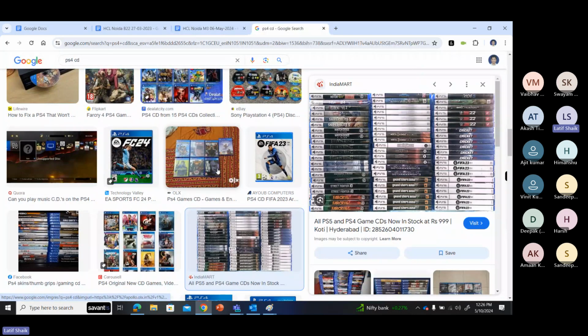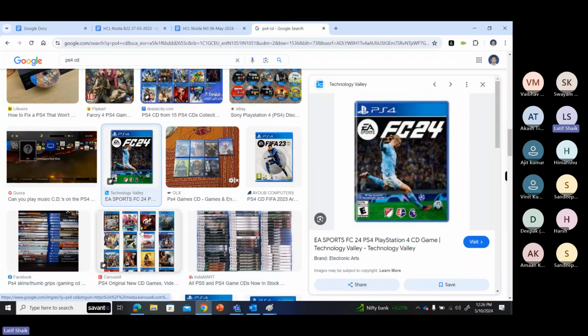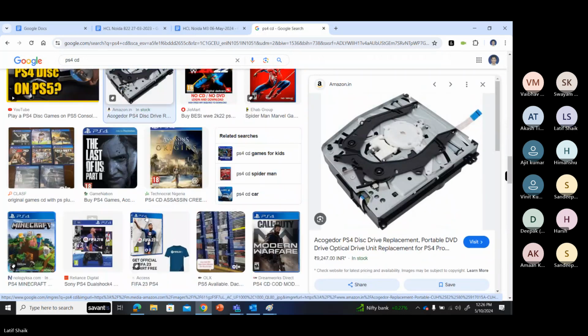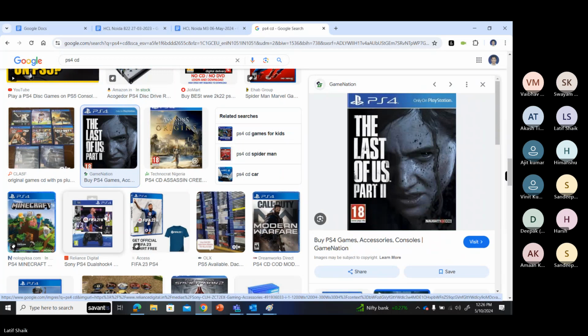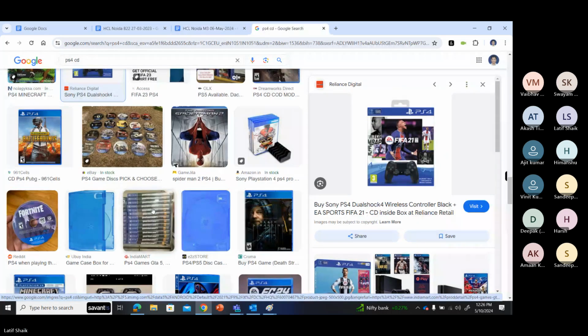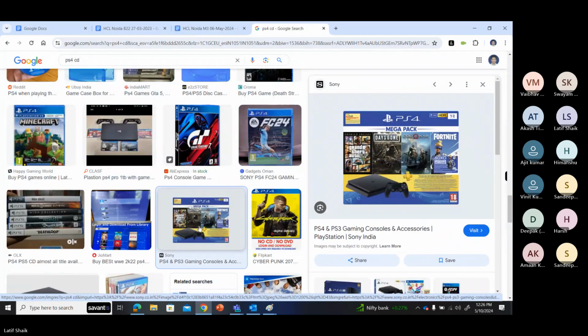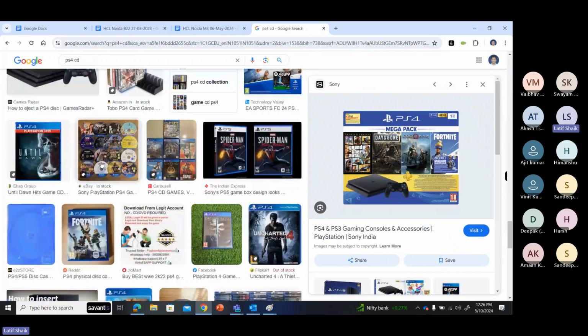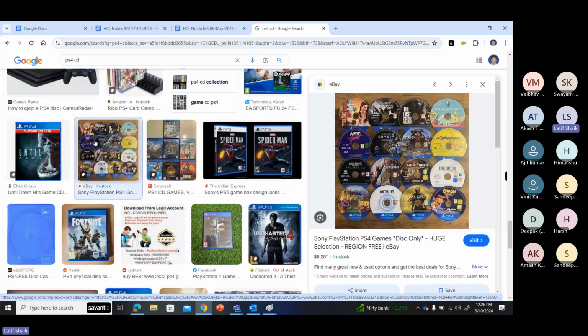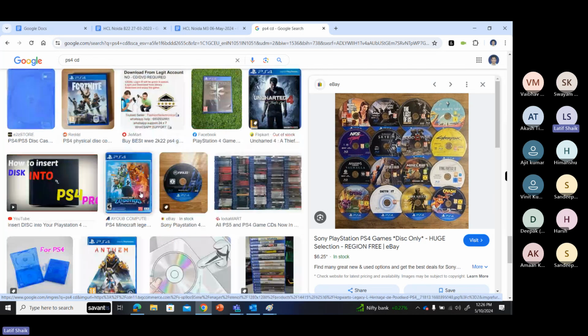PS4, Xbox CDs, that is a Blu-ray type of disc. Now that part is also almost all diluted. Still, Blu-ray discs are available, which can store 50 GB of data inside. Blu-rays are available, but not for personal use.